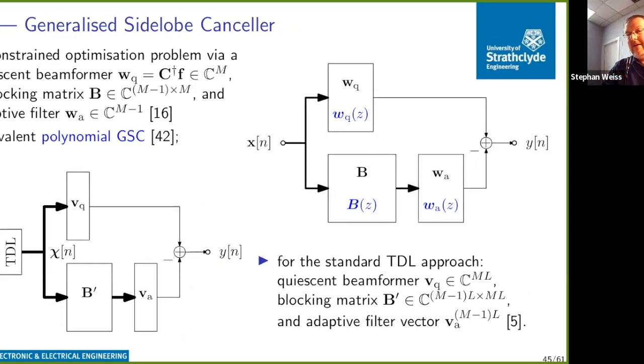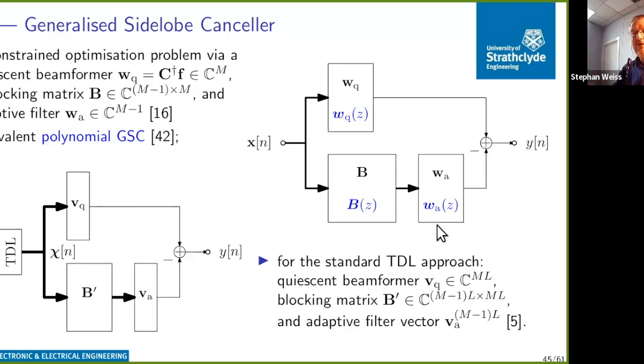From the constrained equation, we can determine what's called a quiescent beamformer, as well as a blocking matrix B. With linear algebraic operations, you can derive these with matrix completion and a matrix inversion. And you see, if you go from the standard narrowband approach, which has WQ, B, and WA here, WA is then an adaptive noise canceller that you apply in there.